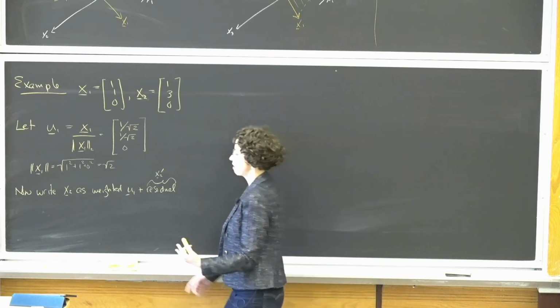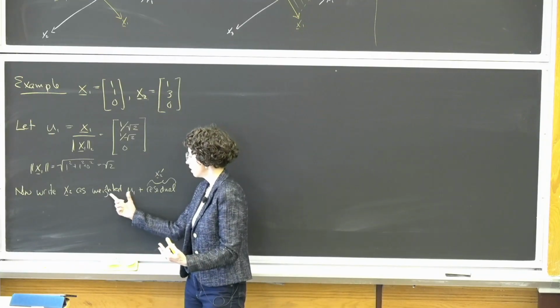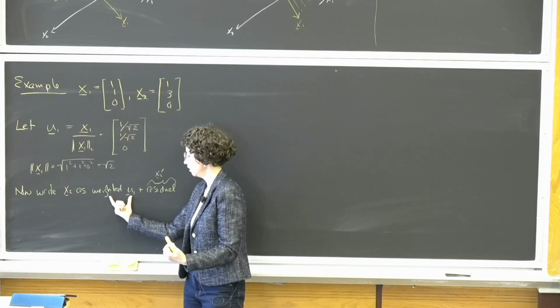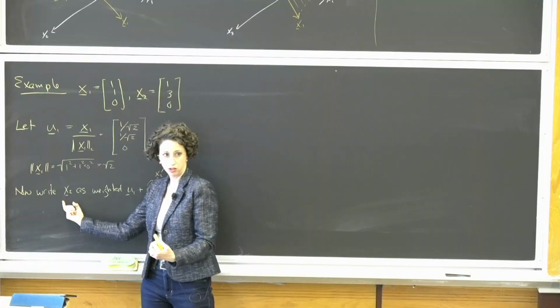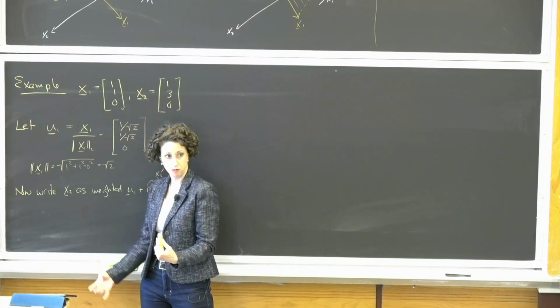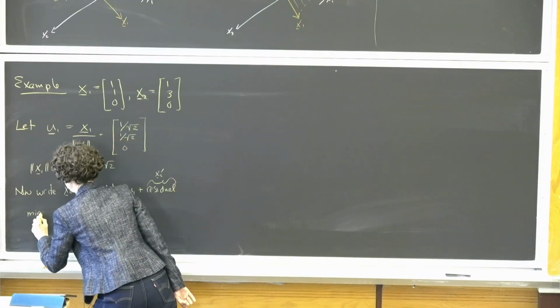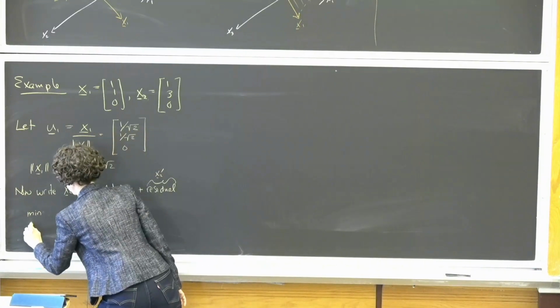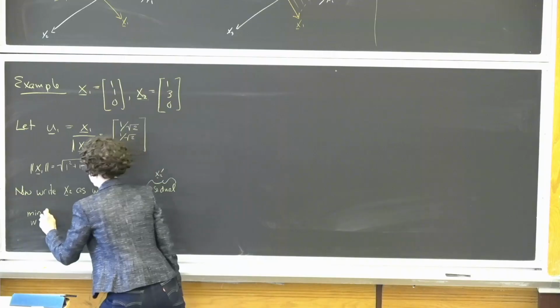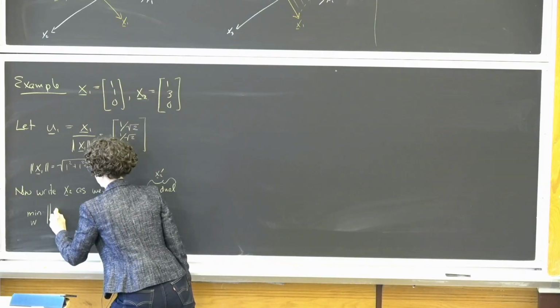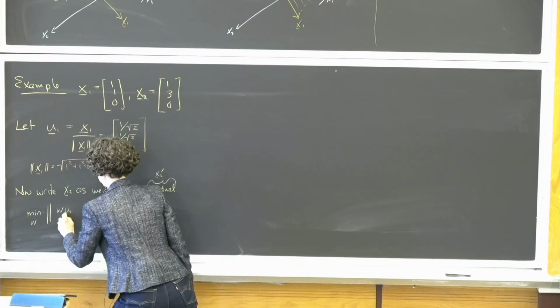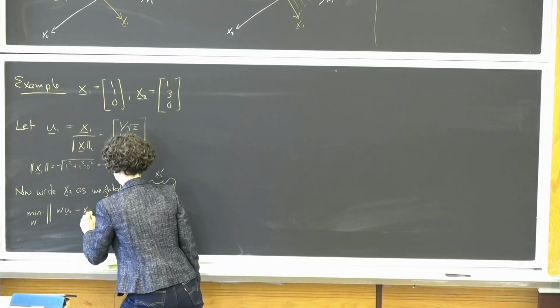And so we want to figure out what weight is going to make that weighted u1 as close as possible to x2. So we want to minimize, with respect to the weight, the distance between w u1 and x2.